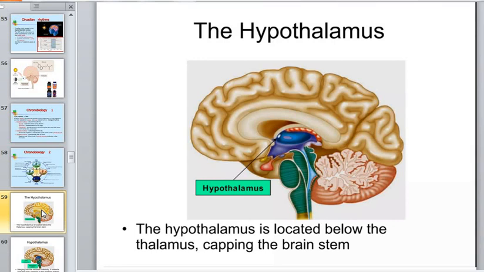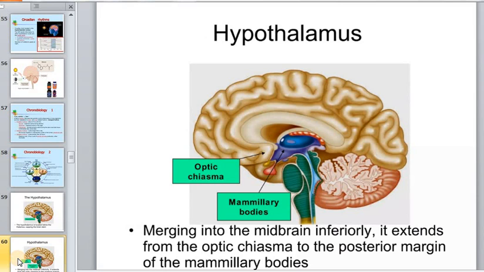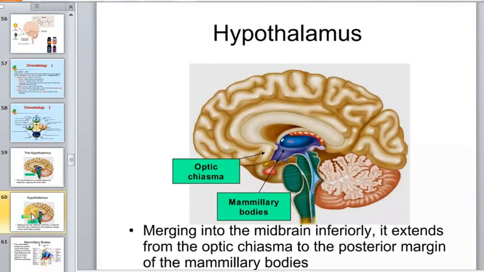And here we see the next part, the hypothalamus. So here we see the hypothalamic area, and the hypothalamus is located below the thalamus and above the brain stem. And here we see the different parts.